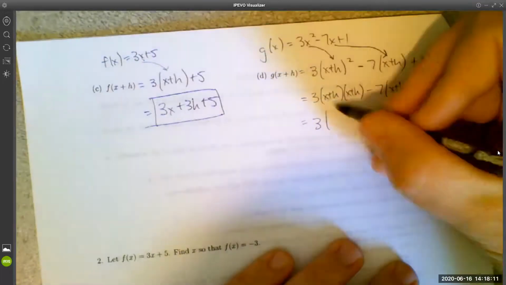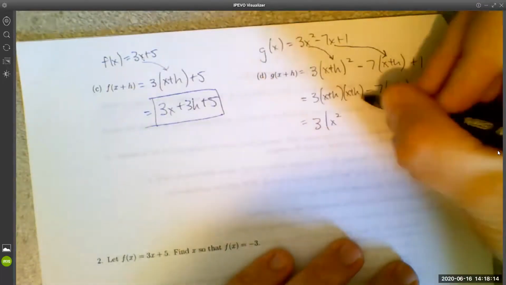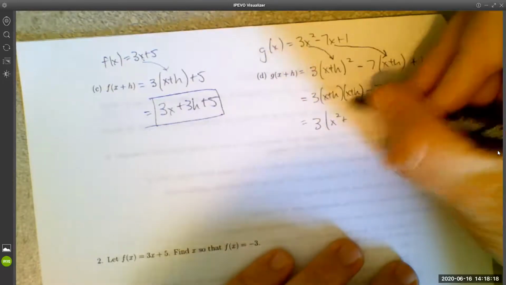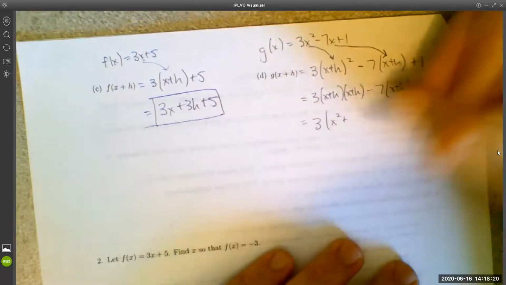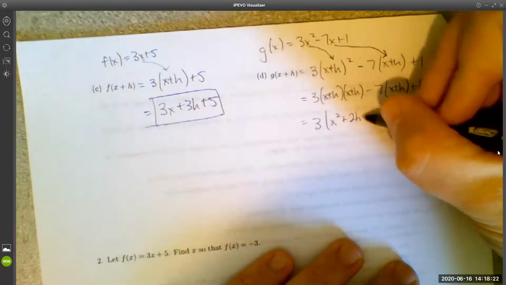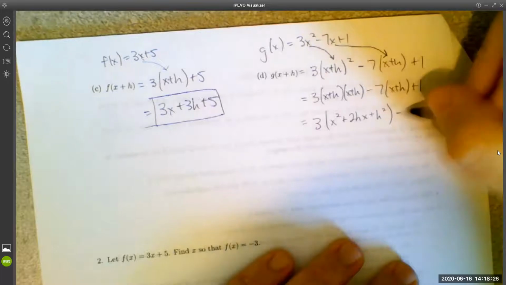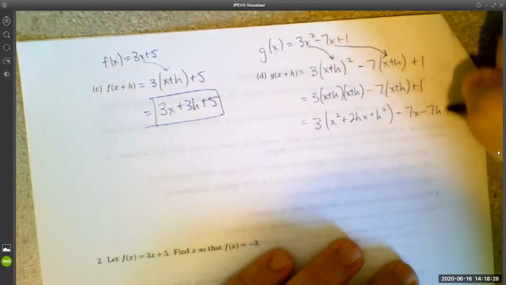So foiling this, I get x squared plus xh. Well, I'll get an xh there and an hx there. The same thing. I'm just going to call it 2hx and then plus h squared, minus 7x minus 7h plus 1.